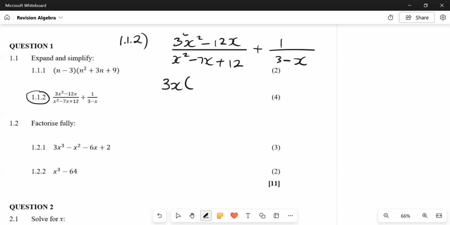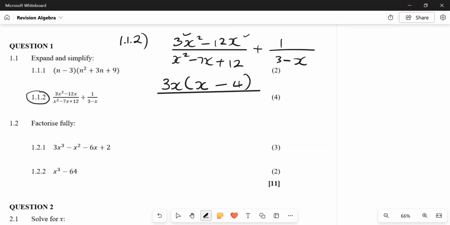So when we take out 3x there, you'll be left with x, and then for this part here, you'll be left with minus 4, right?